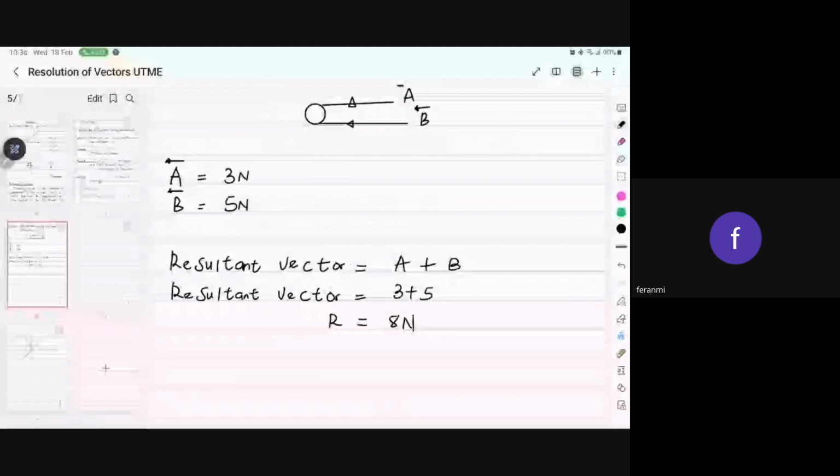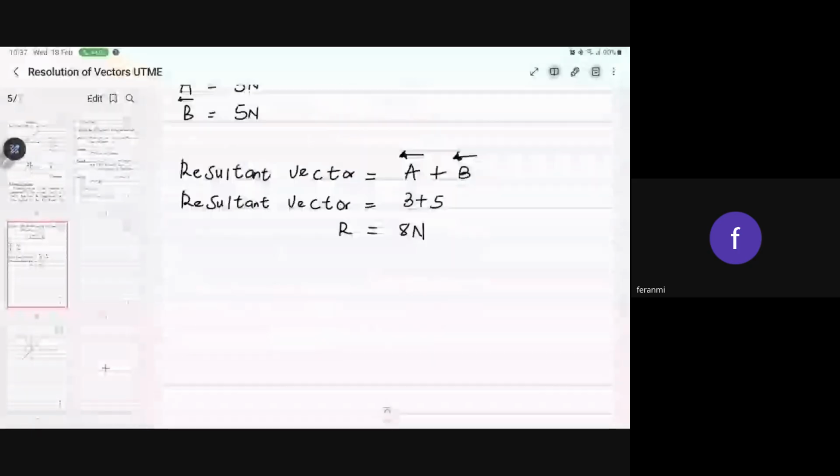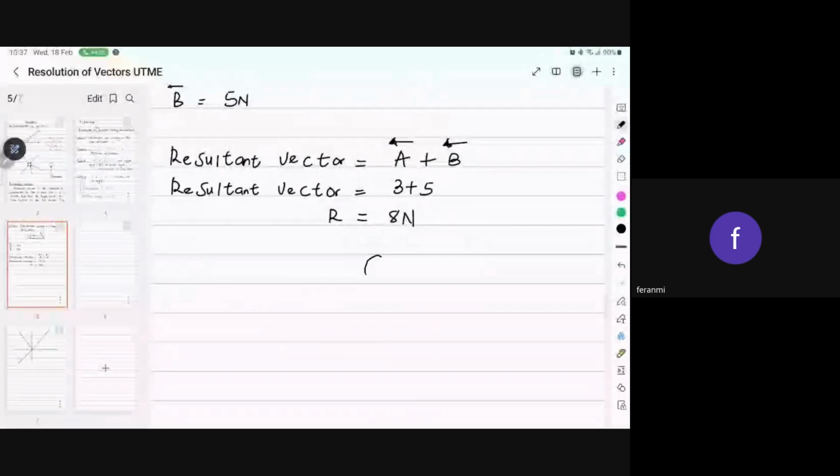In which direction will it be acting? Since they are acting in the same direction, the resultant vector will as well be acting in that direction. Does that make sense? If I want to represent that, we can have the object here, and the resultant vector still acting this way, in this direction, and the value at that point in time is what?